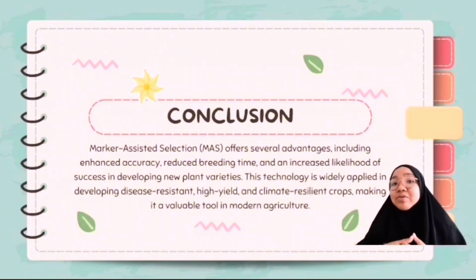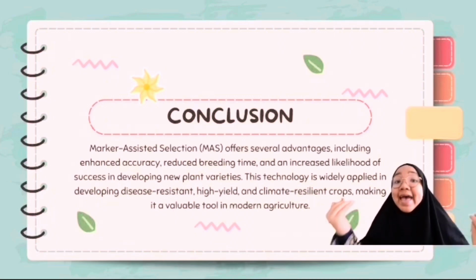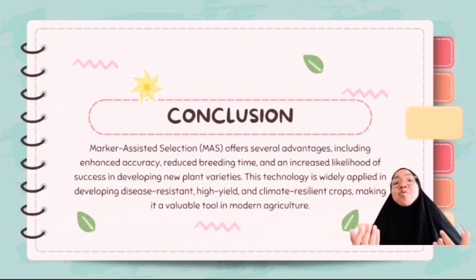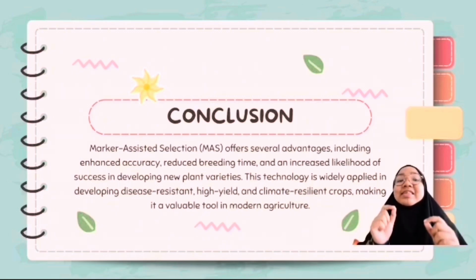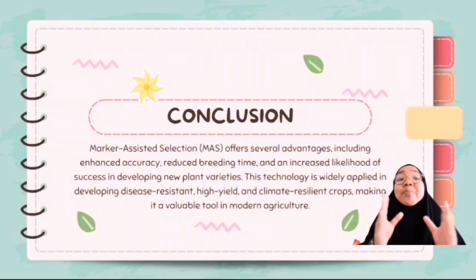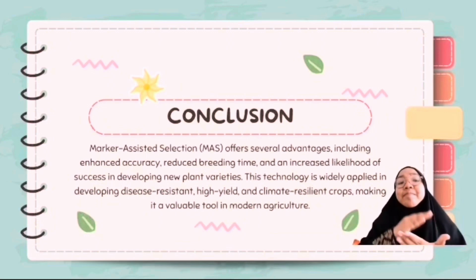marker-assisted selection, which is MAS, brings so many advantages to the table. It boosts accuracy, slashes breeding time, and greatly increases our chance of developing successful new plant varieties.